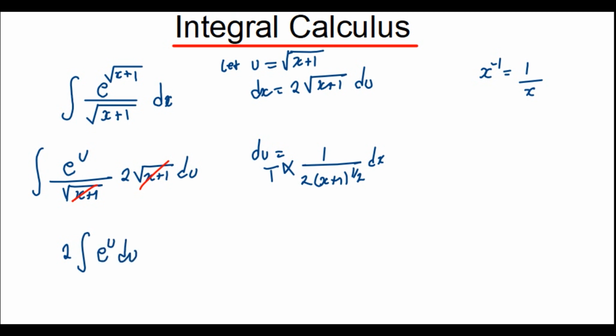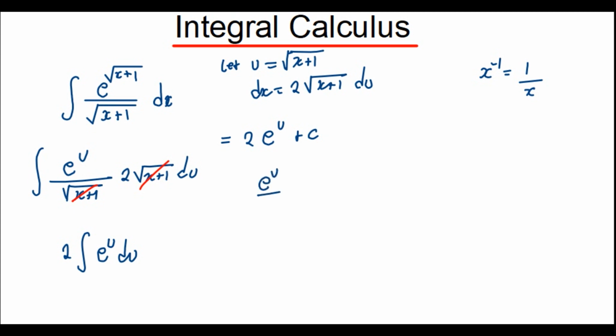So if you are well familiar with differentiating and integrating exponentials, these are very straightforward. What will happen here is that I'll just write 2 multiplied by e to the u plus c. The integral of e to the u is e to the u itself, divided by the derivative of the power. The derivative of the power is simply 1.